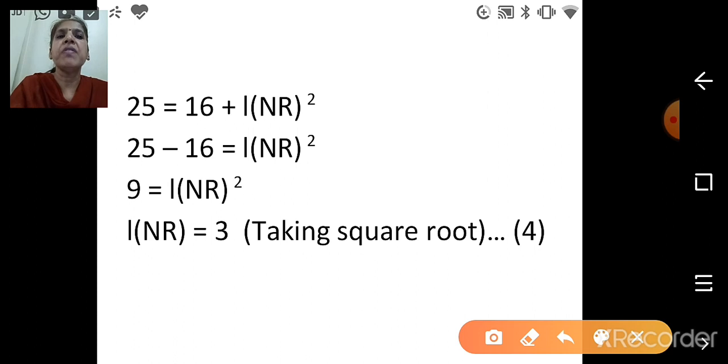So 25 minus 16. What is 25 minus 16? 9. That is, length NR square is 9. So we take square root. By taking square root of 9, we get 3. So length NR is 3. How did we get it? By taking square root. These numbers indicate the findings or the values we are getting. It helps for understanding the problem.